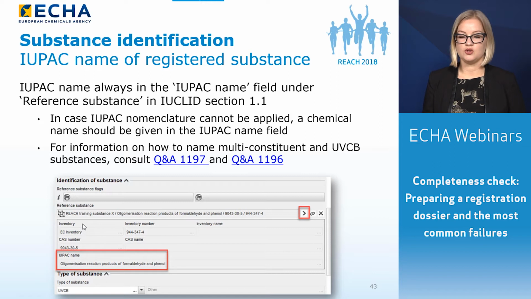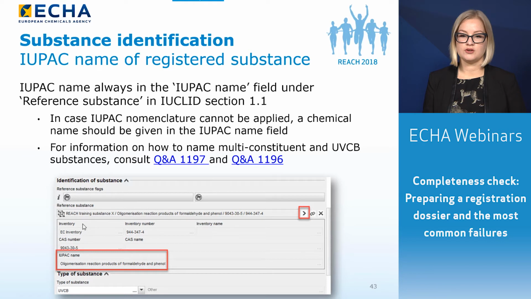In case the IUPAC nomenclature cannot be applied to your substance, as is often the case with UVCB substances, a chemical name, or the name that defines the chemical nature of your substance, should be provided in the IUPAC name field.